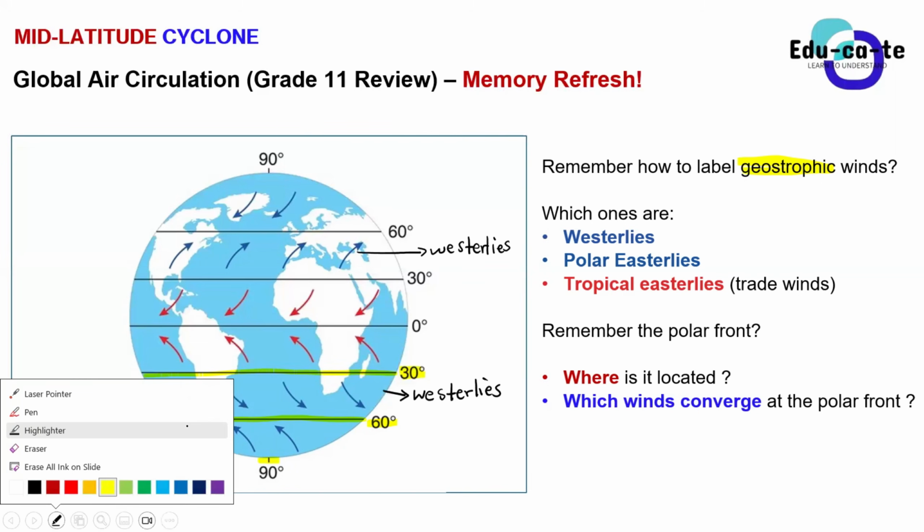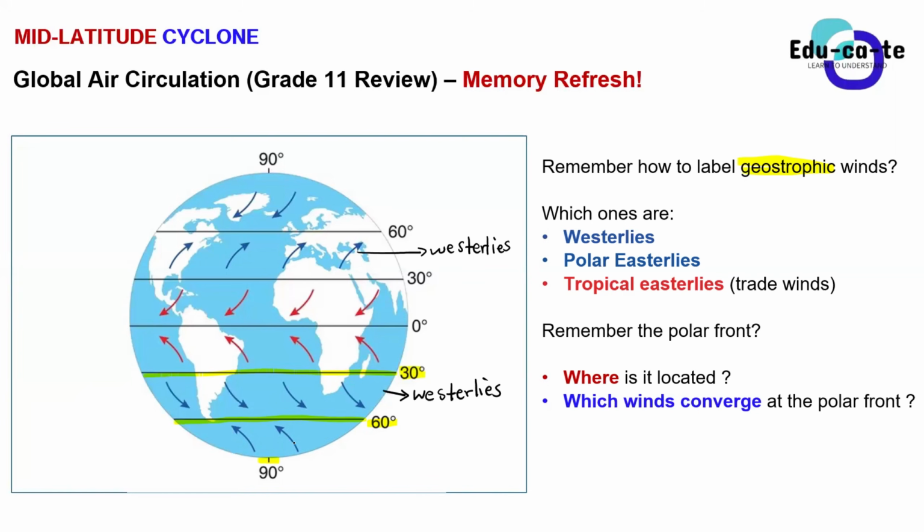So the winds that you are seeing here are known as the polar easterlies. They come from the polar region, which is the 90 degrees line of latitude, and they flow towards the 60 degrees line of latitude. Are we all able to see them? Yes, sir. These are known as polar easterlies.